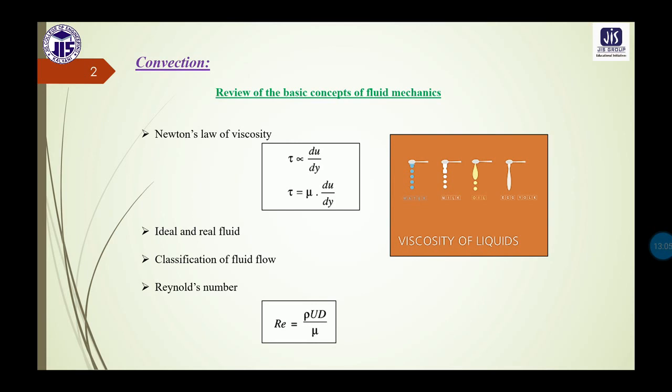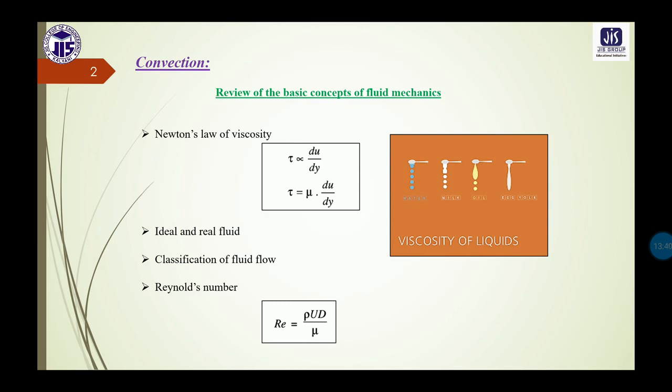So these are different classifications of fluid flow. Let us discuss in brief some of them, like what is steady and unsteady flow. When the fluid properties do not change with respect to time, it is known as steady flow. And when the fluid properties like velocity and pressure vary with respect to time, it is known as unsteady flow.